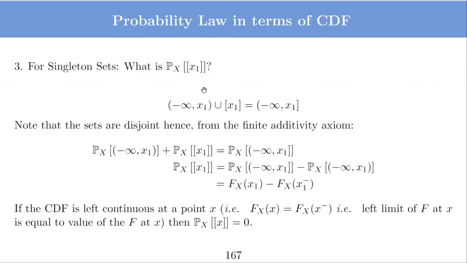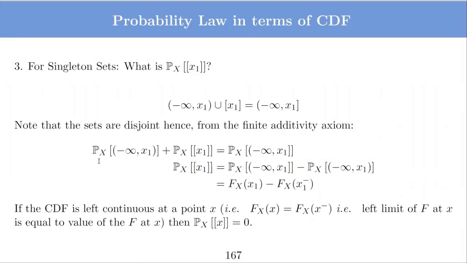Also notice that this and this are disjoint. This means I can apply the probability measure on these. Okay, so I will follow a similar principle. First, I'll take the pre-image and then I apply the probability measure on that. So from that, you will get that the probability of the pre-image of this plus the probability of the pre-image of this is equal to the probability of the pre-image of this.